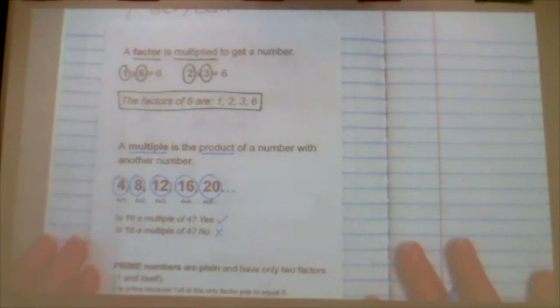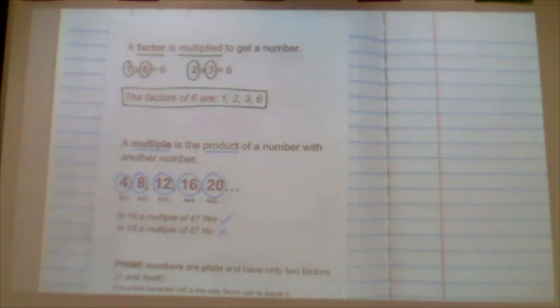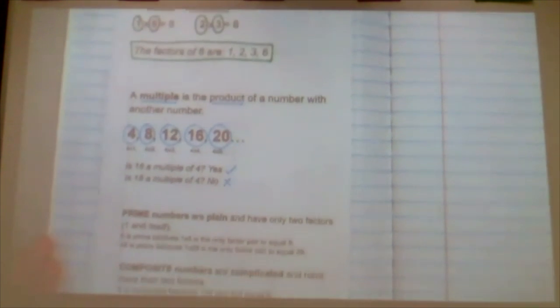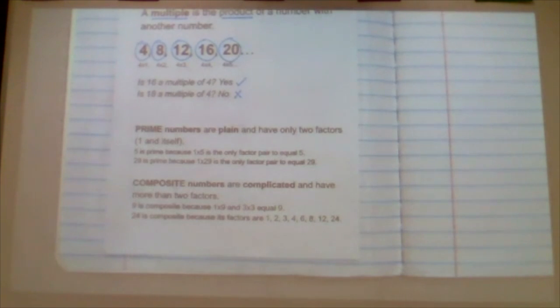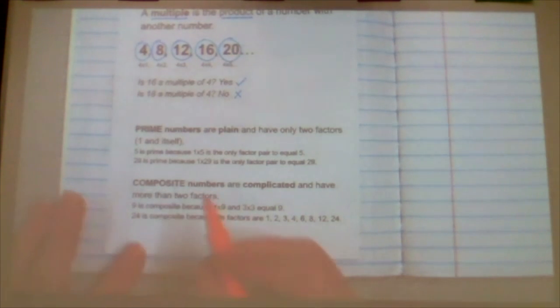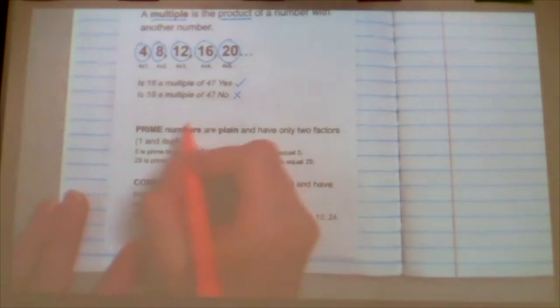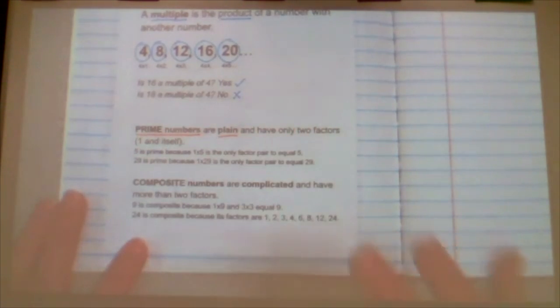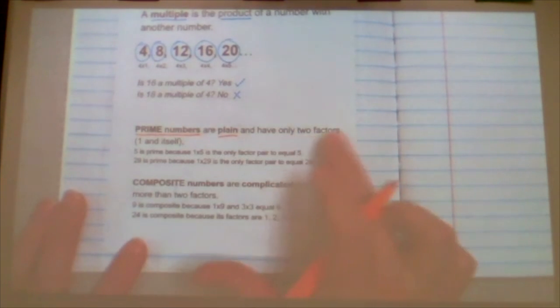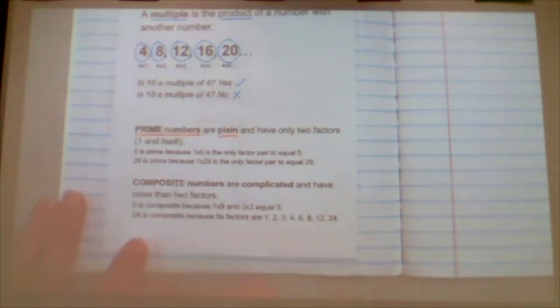And the last part of this intro page, I'm going to use orange. We need to remind ourselves of the differences between prime numbers and composite numbers. So prime numbers are plain. I'm going to underline that information. Prime numbers, plain. This means they only have 2 factors, 1 and then the number itself.